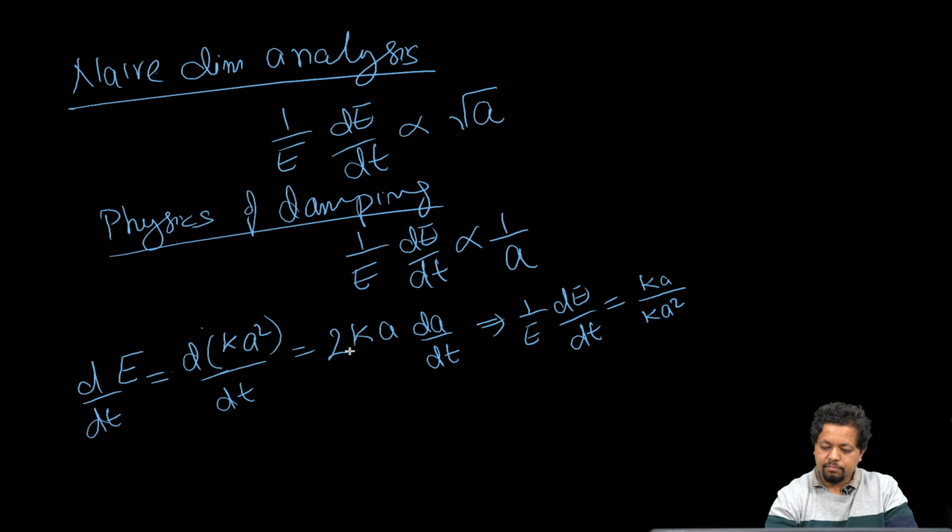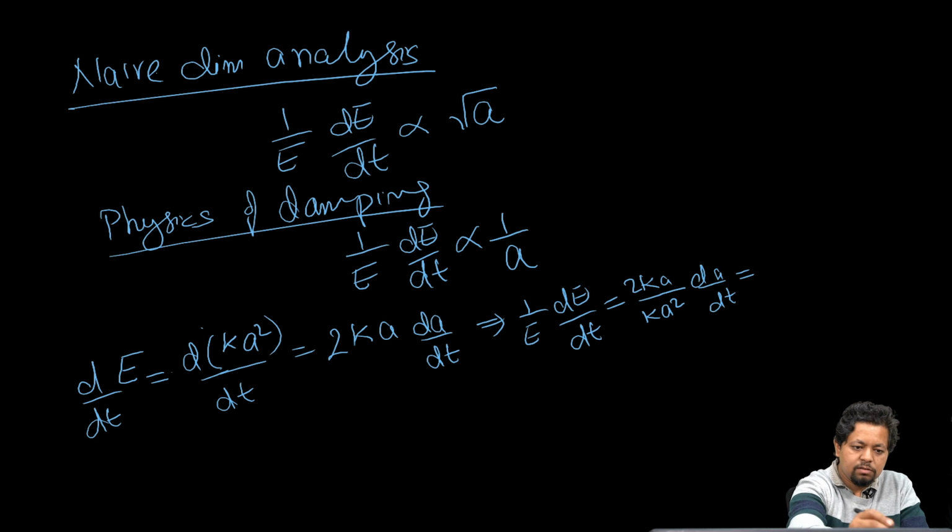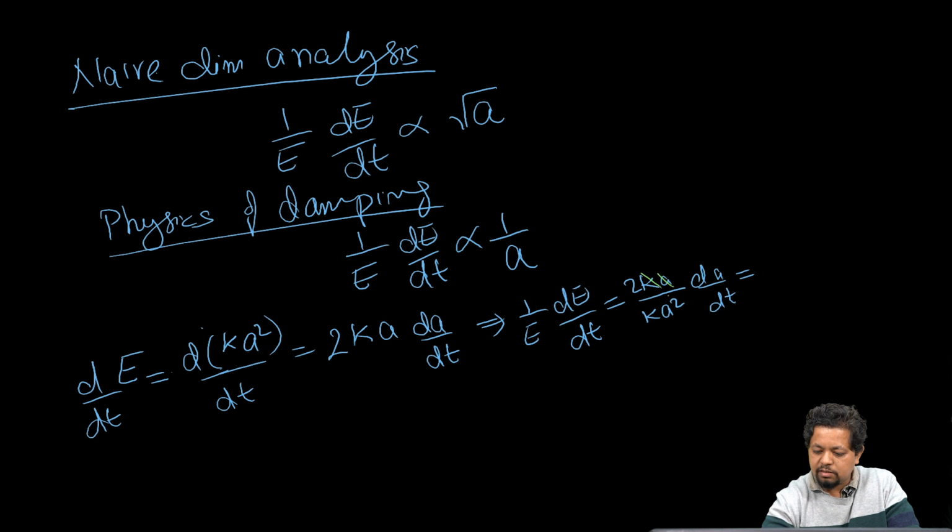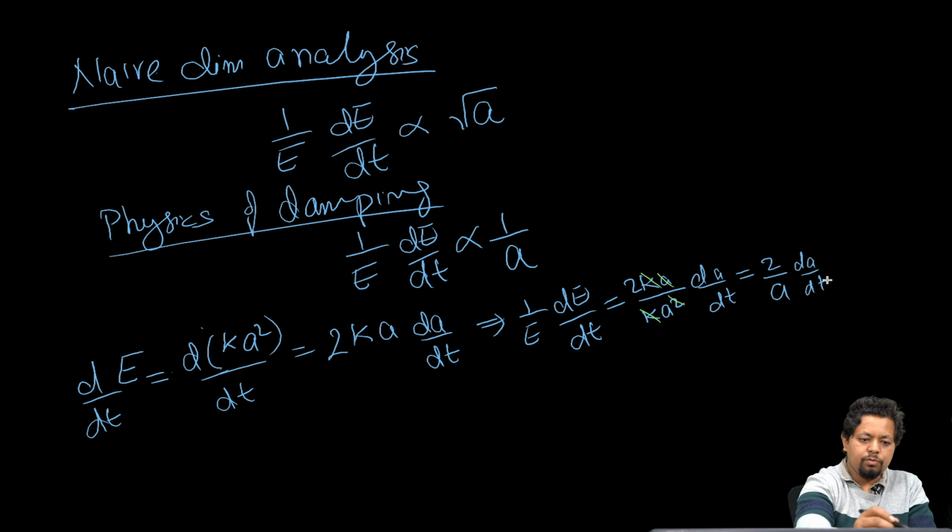So we get 2 K A over here. The energy is K A squared, we divide by that, times dA/dt, and I get a bunch of cancellations: K and A cancel, and I'm left at the end of the day with 2 by A dA/dt. So what do I get from here?